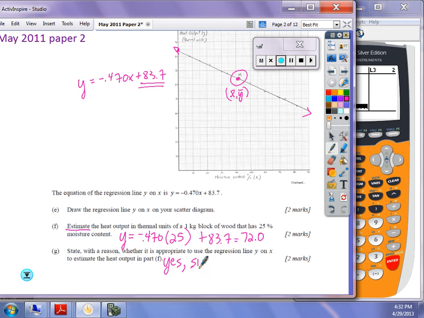One is that 25% falls within the data set. The regression line is appropriate.